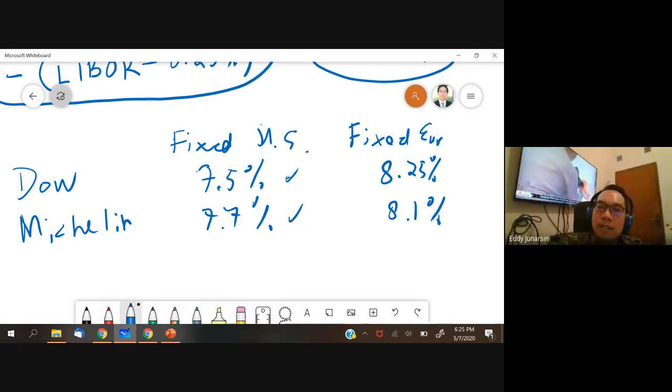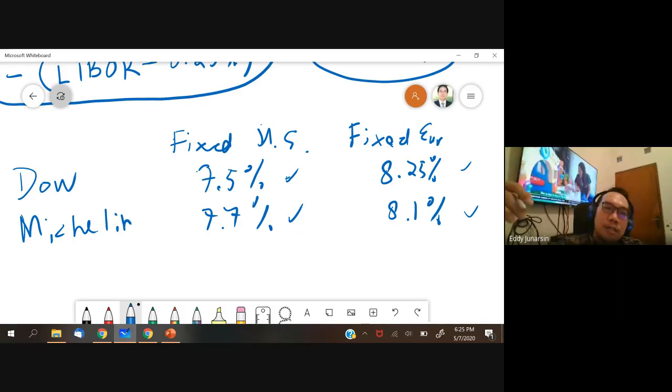On the other hand, if they do it in Europe, Michelin has a higher reputation there, although again, both of them have the same standings and ratings, right? But of course, Michelin as a European company has a higher reputation there. So Michelin pays 8.1, and Dow will have to pay 8.25 in Europe.